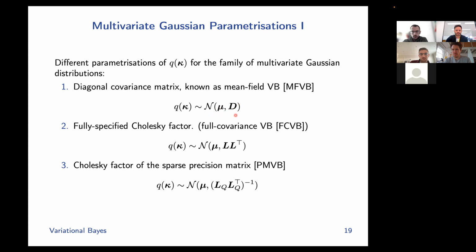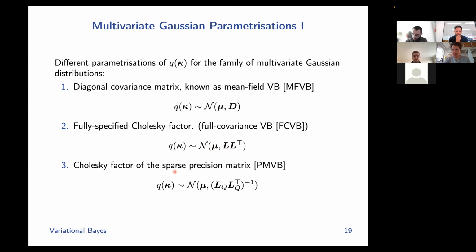The only problem is that we're not capturing dependencies between the variables. Then we can go to the other end of the spectrum, where we break down the covariance matrix into Cholesky factors, and what we optimize over is the mean and the components of the Cholesky factor.